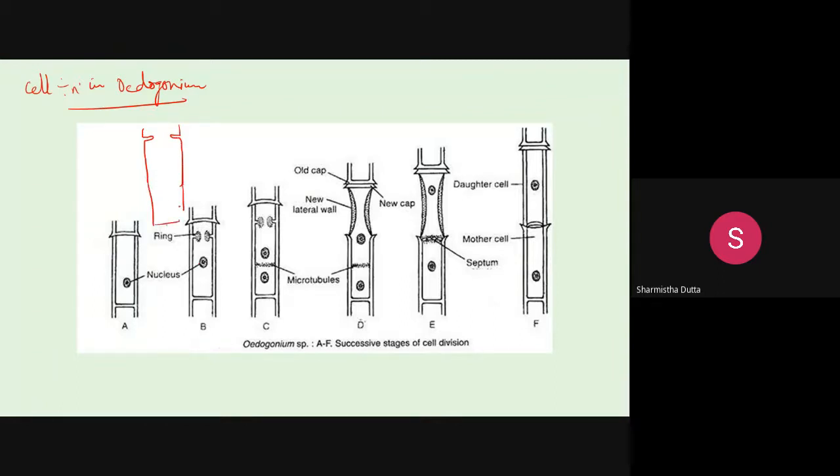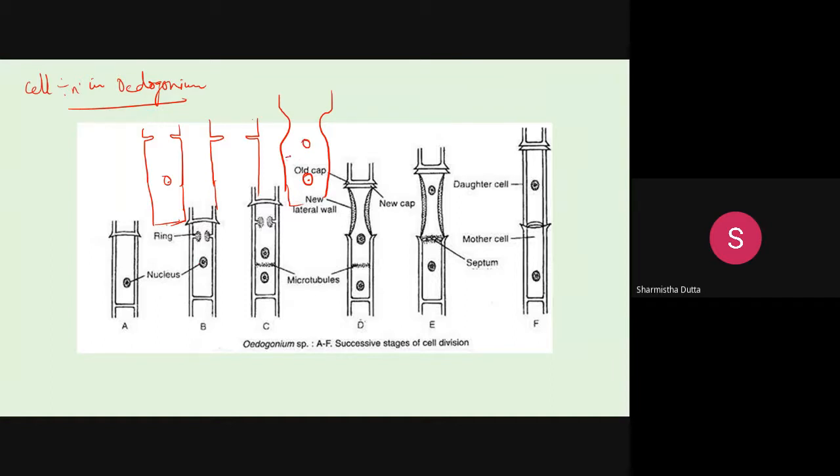The nucleus is slowly shifted towards the lower side. So this nucleus will now divide, and this ring-like structure which is formed starts expanding. By then you will find that the nucleus also would have divided.